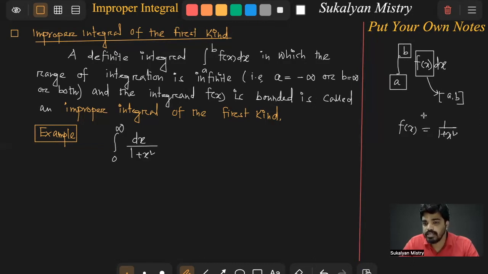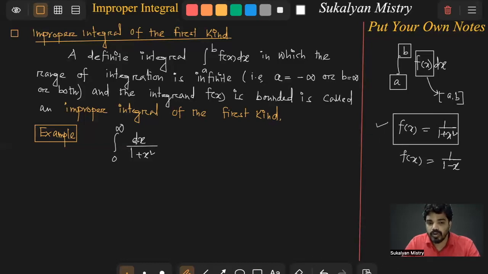See, this function is not undefined for any value of x. Put x as 1, 1/2; put x as 2, still not undefined. So this function is bounded. Okay, when will it be unbounded? Suppose in this example f(x) is equal to 1 by 1 minus x, then put x is equal to 1, then 1 by 0 becomes undefined. So this function is unbounded, but this is bounded.